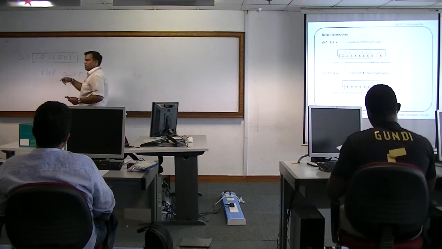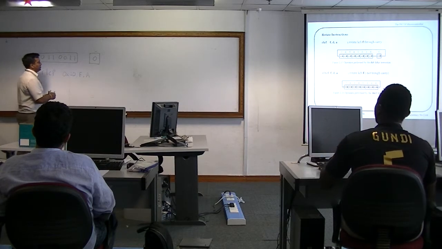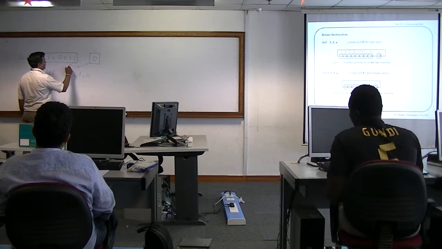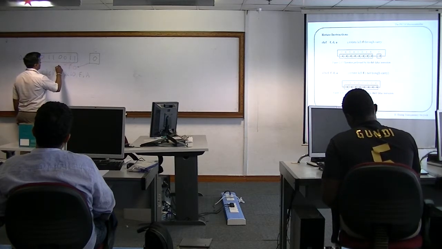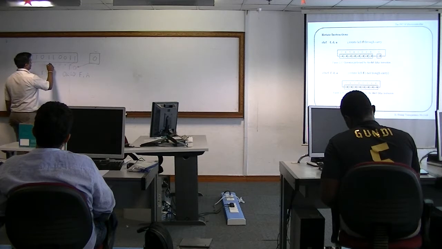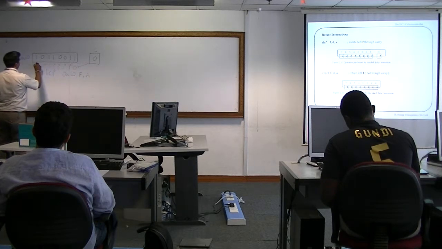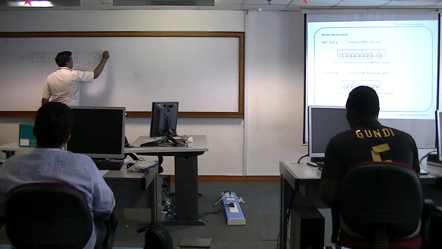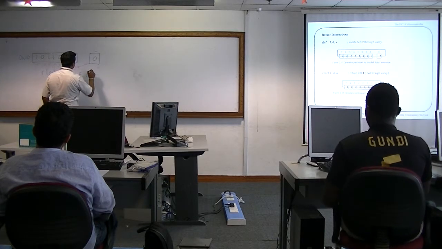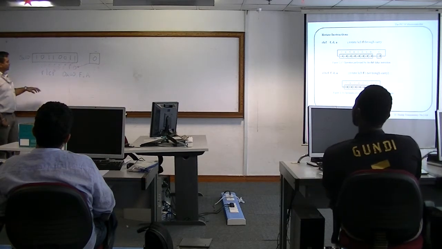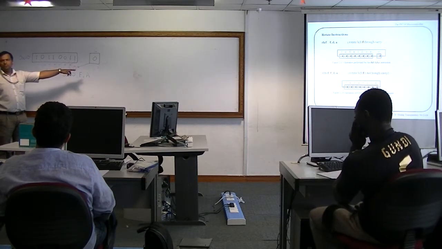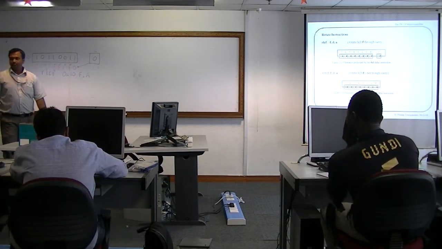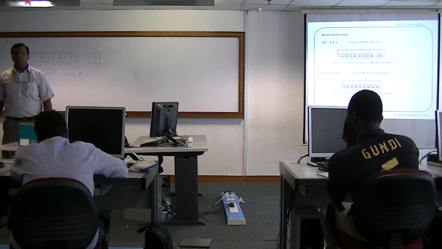So when you perform the rotate left, whatever is inside the carry comes here, everything is shifted by 1, and this one will be shifted here. So when you do the rotation, you'll have a new value like this. So this is what we meant by rotate left through carry. Are you able to understand? Any question up to this point?